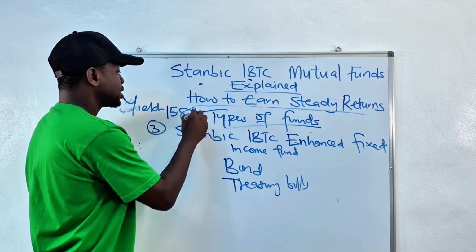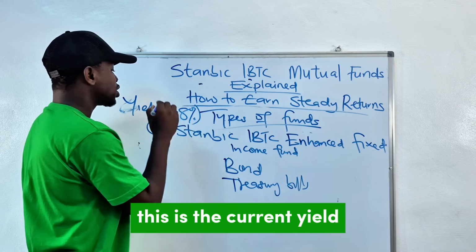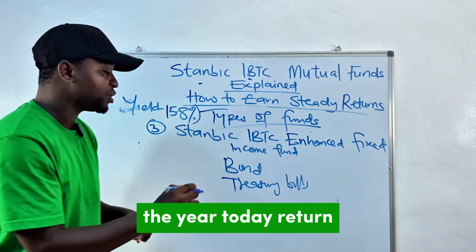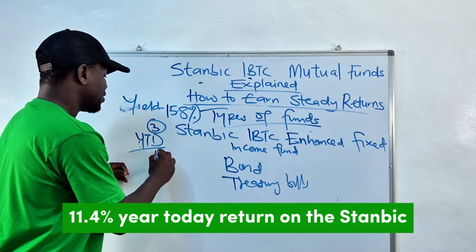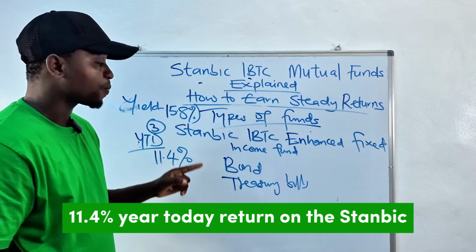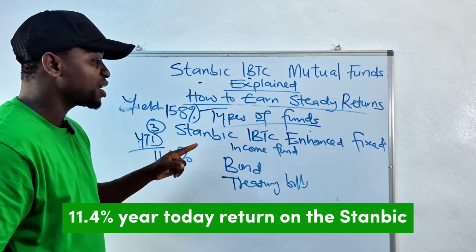This is the current yield, 15.8%. And from January to this moment, the year-to-date return is around 11.4% on the Stanbic IBTC Enhanced Fixed Income Fund.